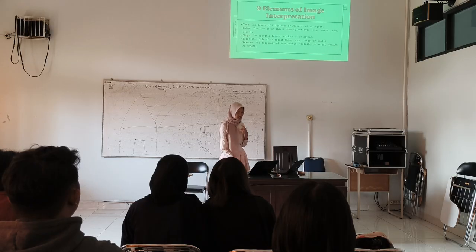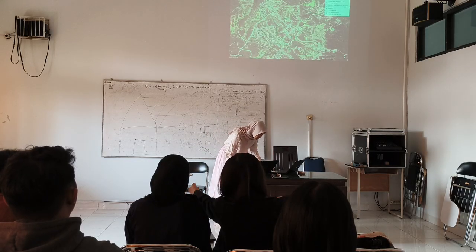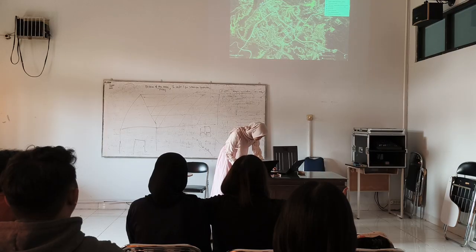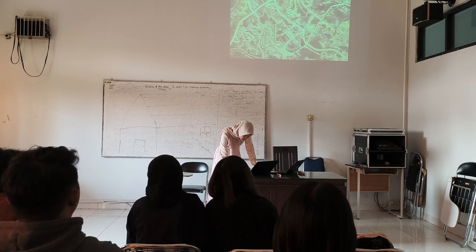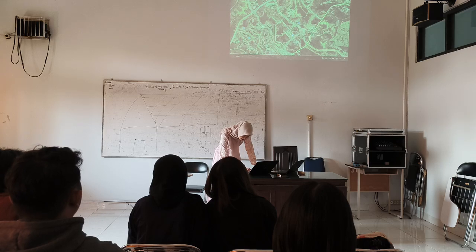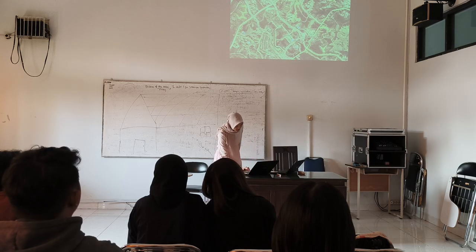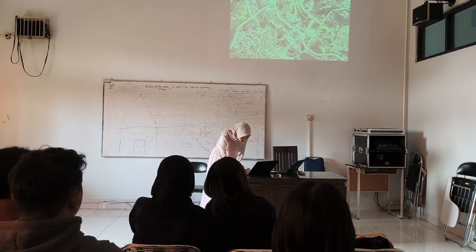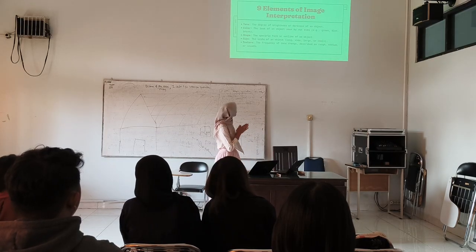It is the scale of an object. You can see the size of the building here. And then the size of the road here, right? Now, it is the texture.